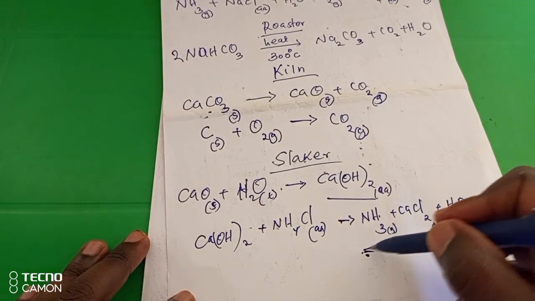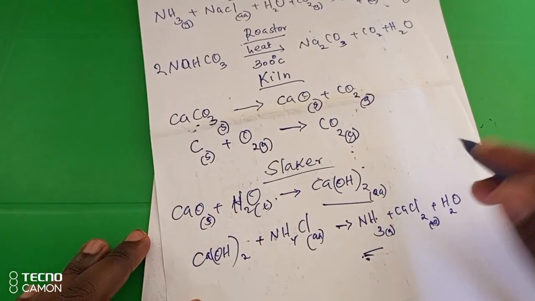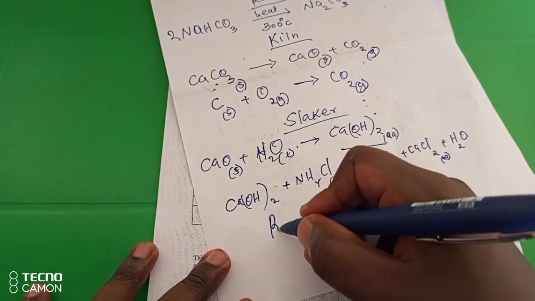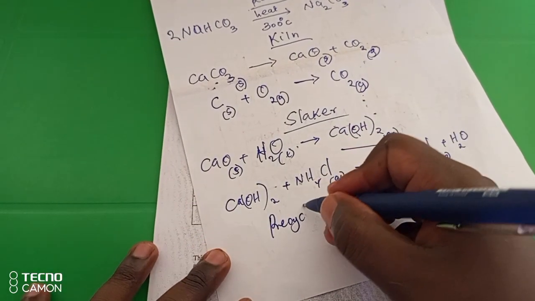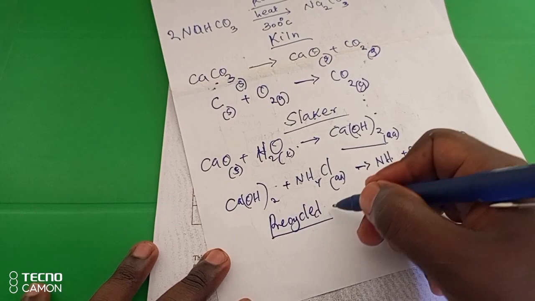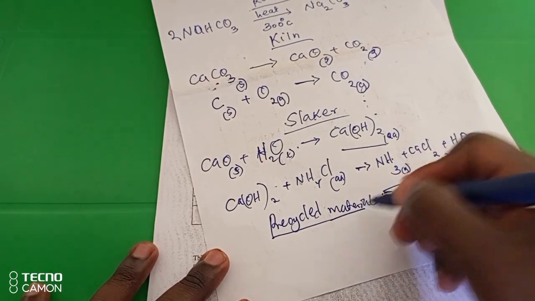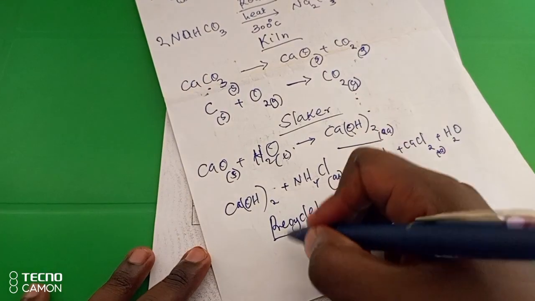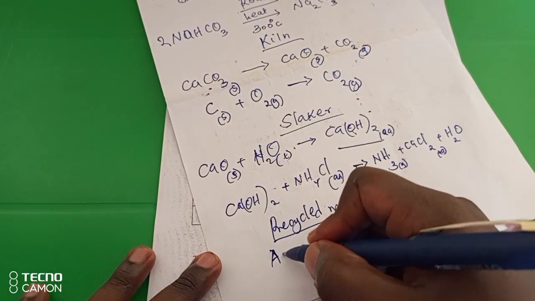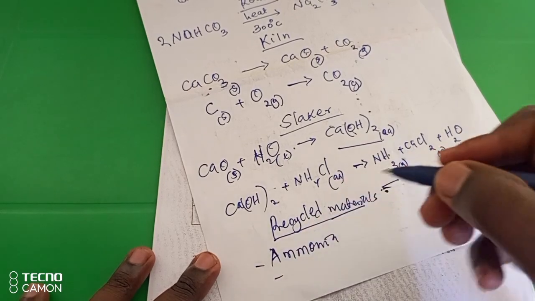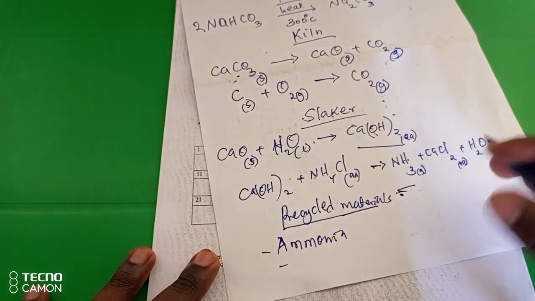Then we have the recycled materials. Recycled materials include ammonia. Recycle ammonia to make the process economical.